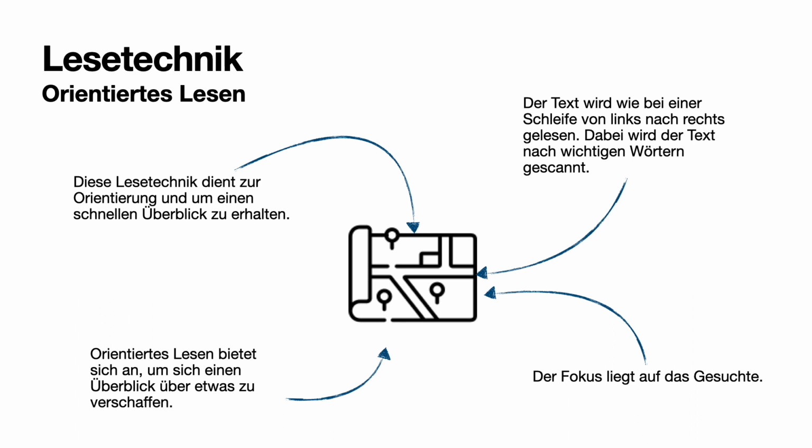Using this technique is best for providing a quick orientation, for example, in a shopping mall, where you just want to buy something quickly. You don't want to read the information board word by word. However, find the right place as fast as possible. The focus is on what you are looking for.